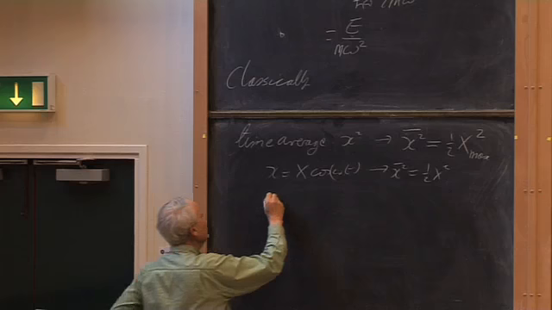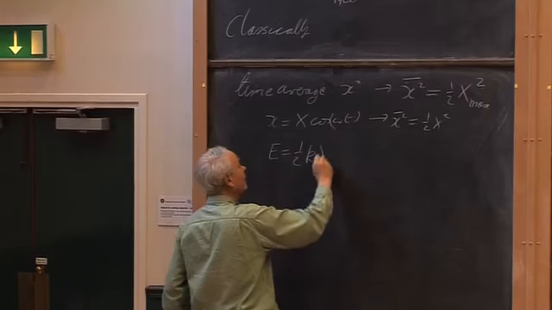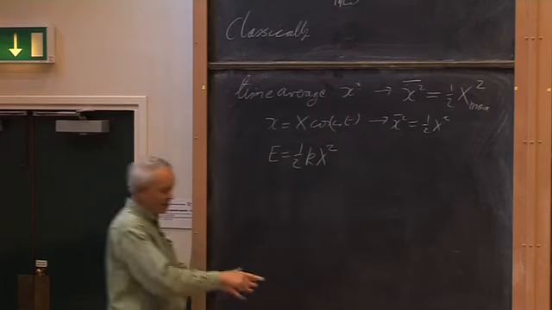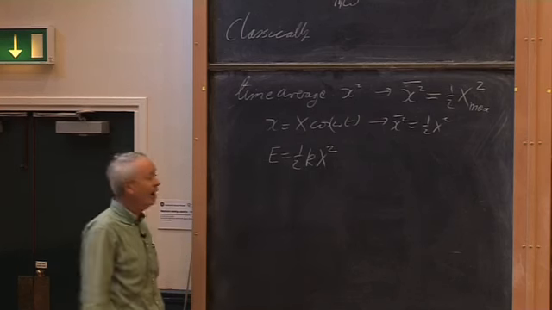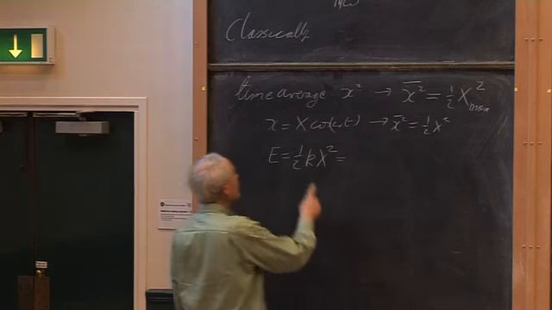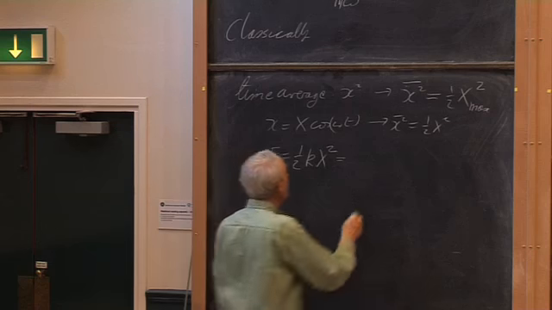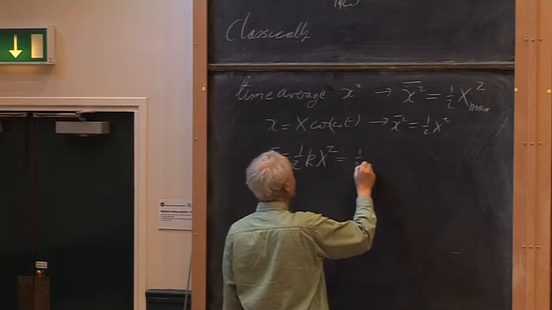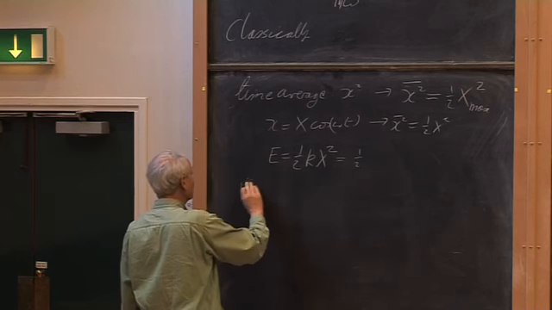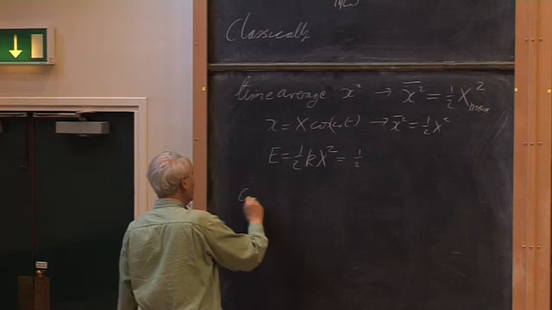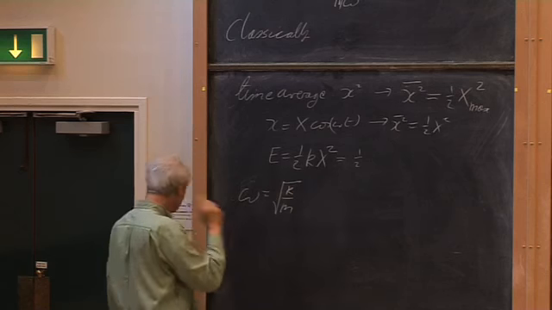And what's the energy? The energy classically is a half k x max squared, because when it's at maximum extension, it has no kinetic energy. It only has potential energy. That's how much it has. Omega is the square root of k over m for a harmonic oscillator, k being the spring constant.